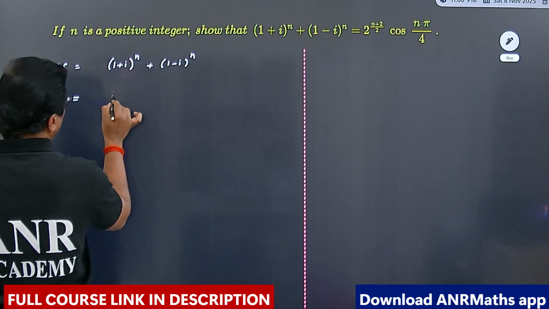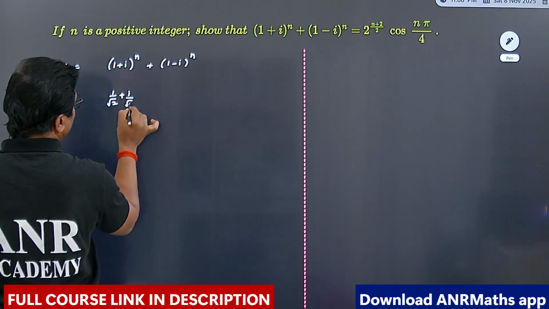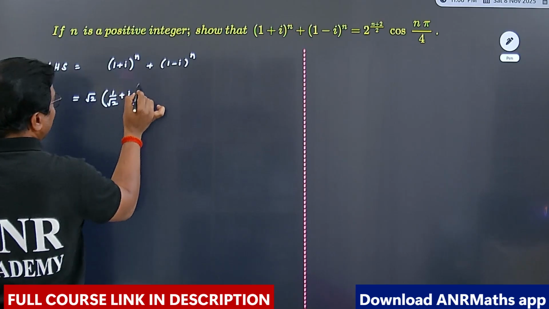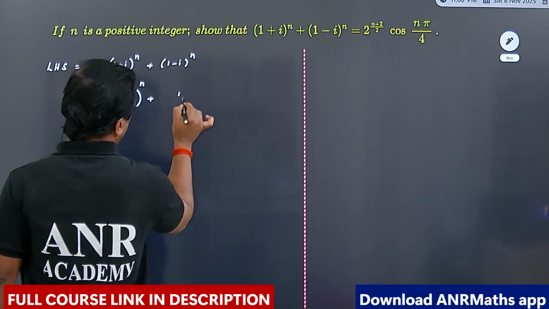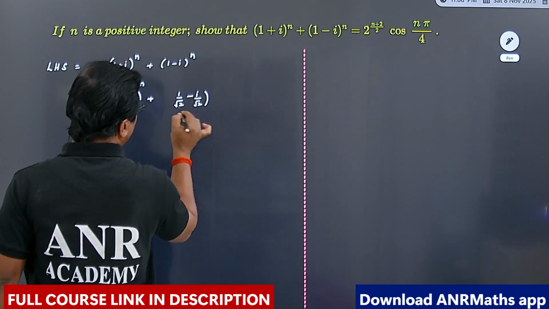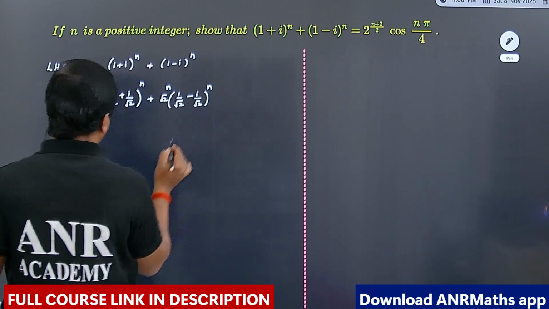Here I am going to divide with root 2 and also I am going to multiply with root 2 and then I am going to apply power n. Next here divide with root 2 and also multiply with root 2. Now apply power n.